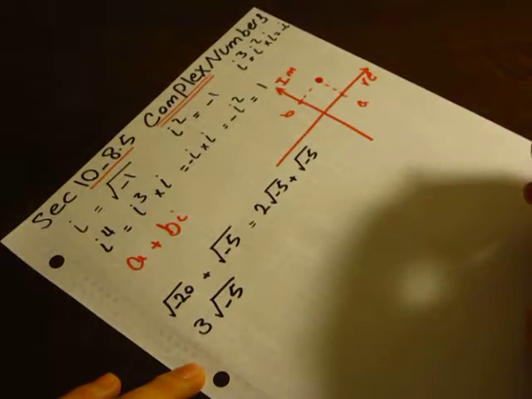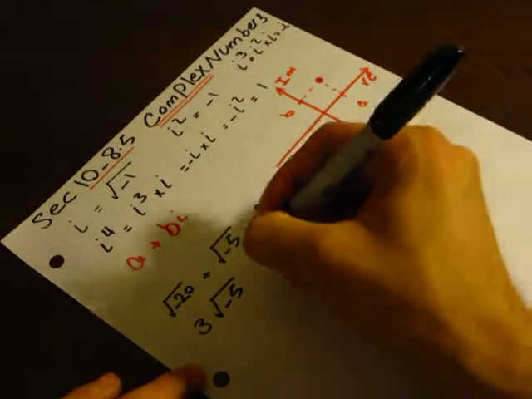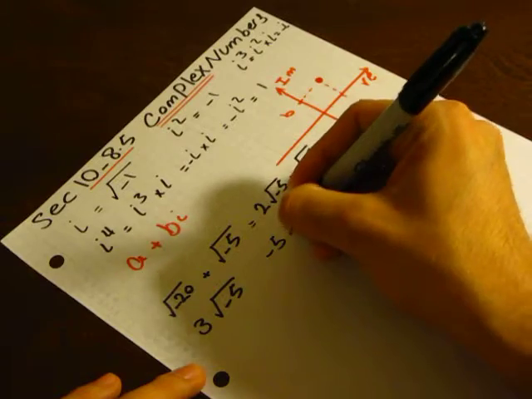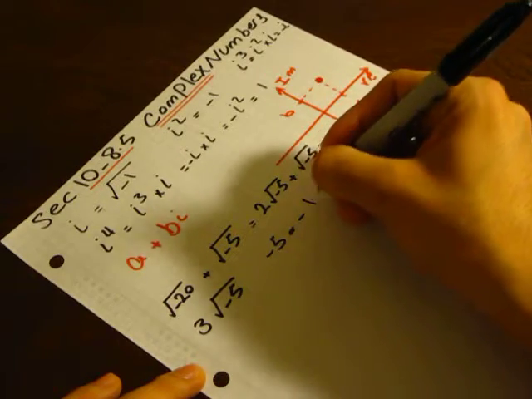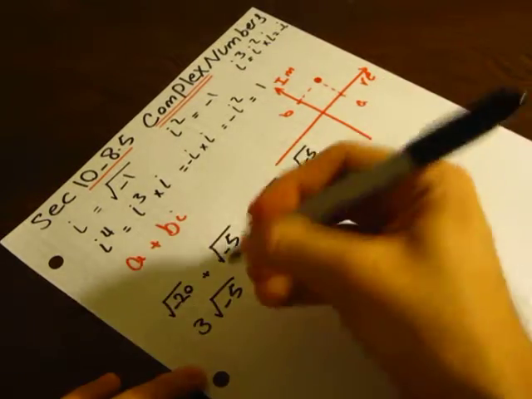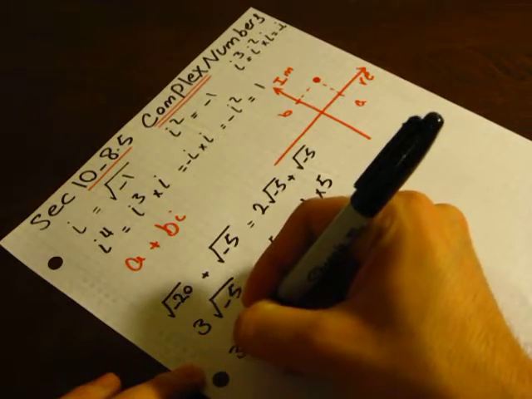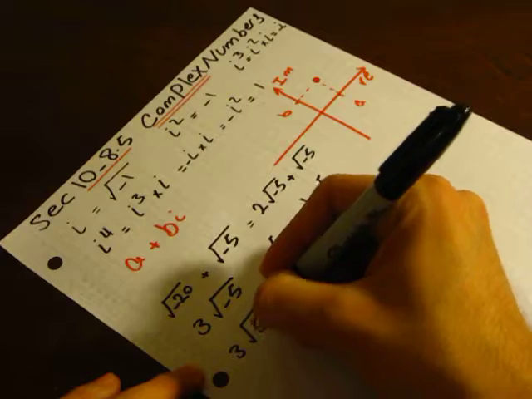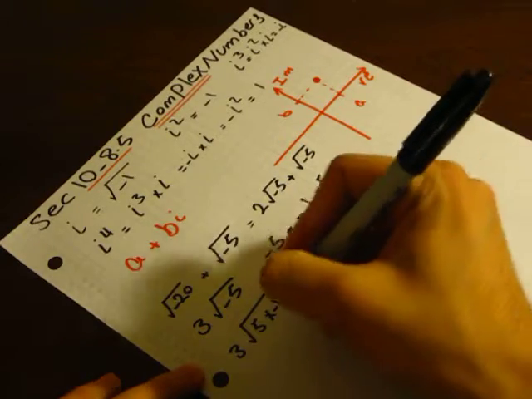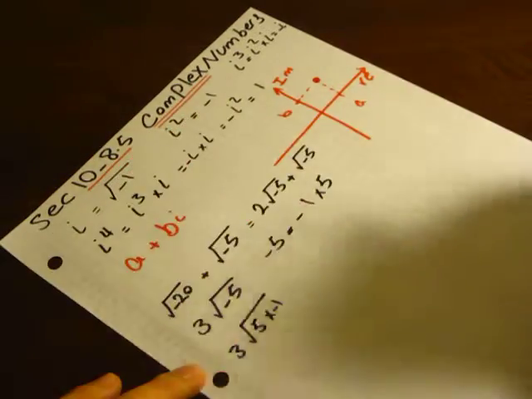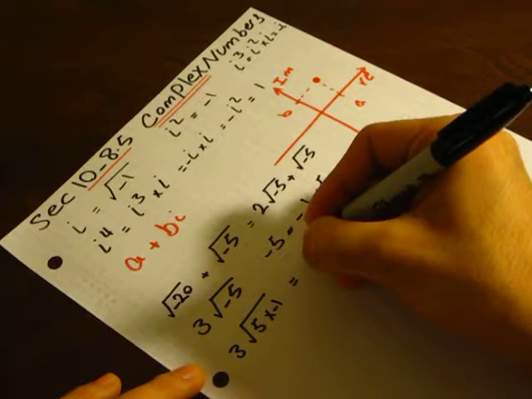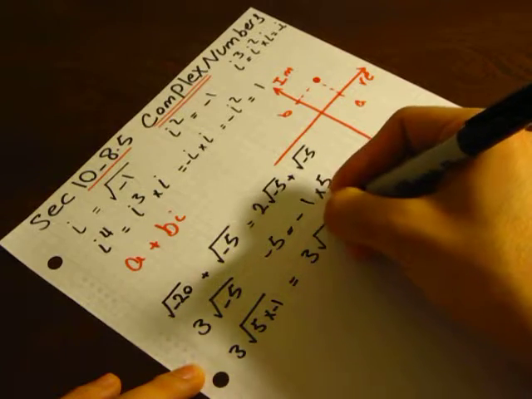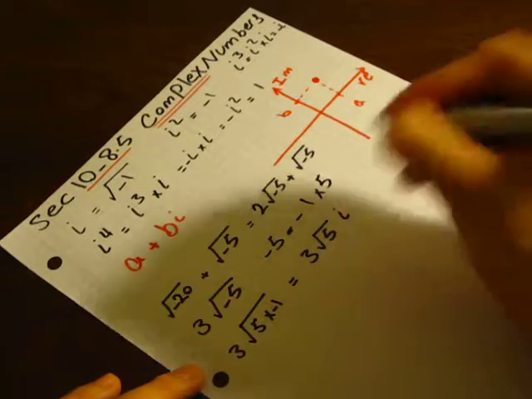And as you see, I can show -5 as -1 times 5. So I can show the whole thing as 3 root of 5 times -1, and we know root -1 is i, so I can replace the whole thing with 3 root 5 i.